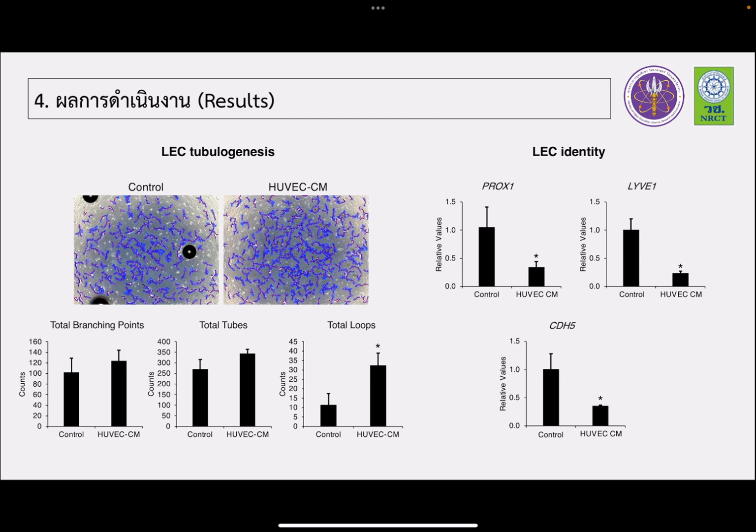But when we look at the tube formation, this condition seems to help or promote the process of tube formation in LECs.